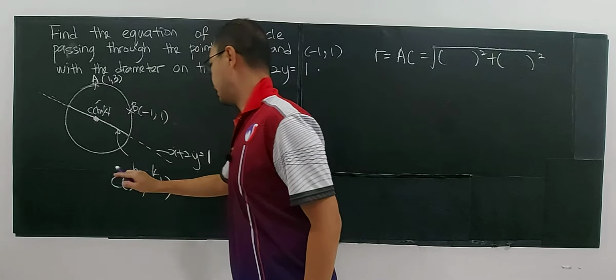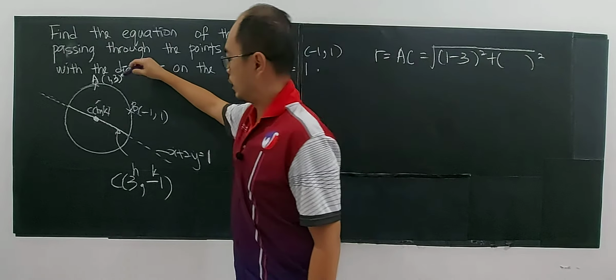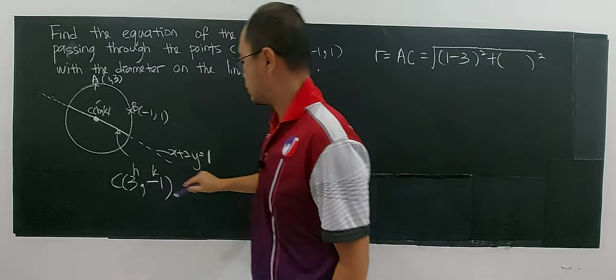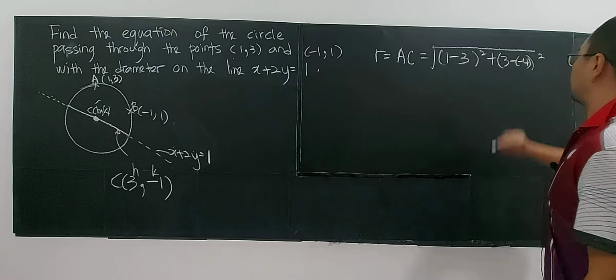So 1 minus 3, squared, followed by 3 minus negative 4.